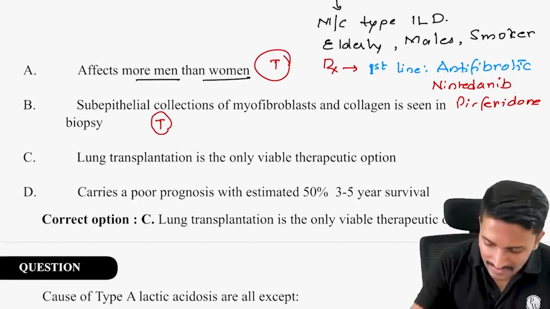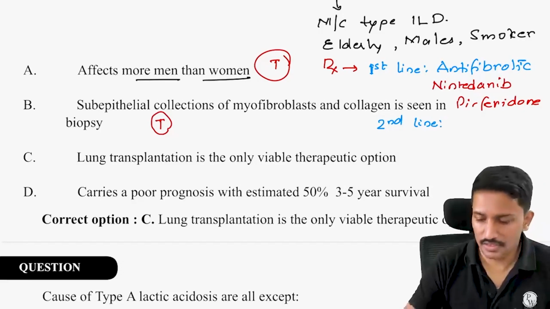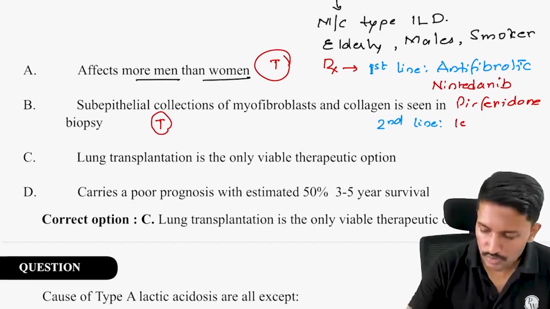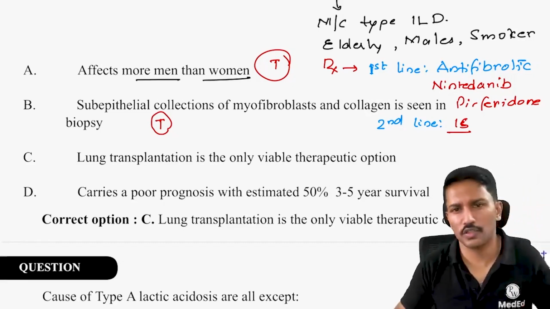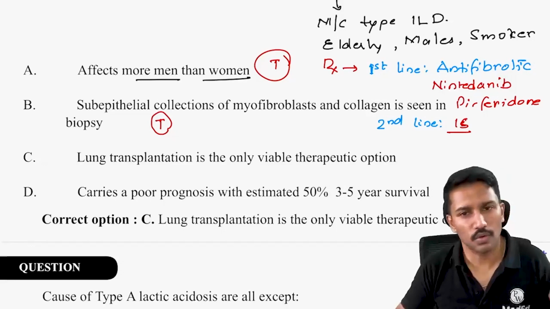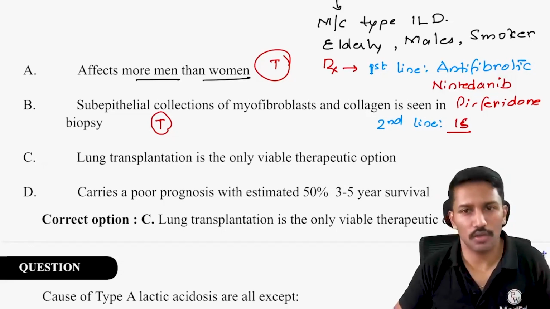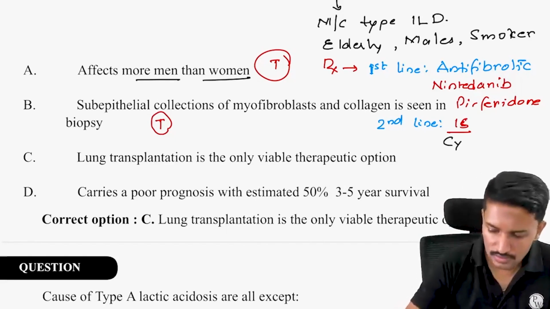Then if that is not helping and the condition is still progressing, then as second line agents, I can think of using immunosuppressants, right? That includes, from the milder end of the spectrum, mycophenolate mofetil or cyclosporine, to much more effective, stronger immunosuppressants like cyclophosphamide.